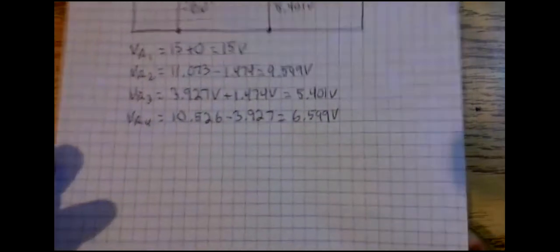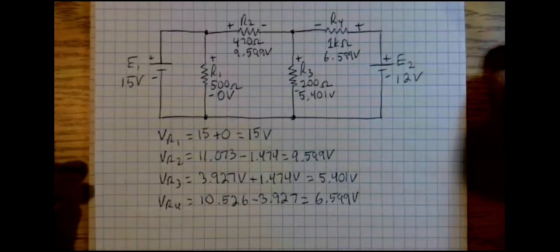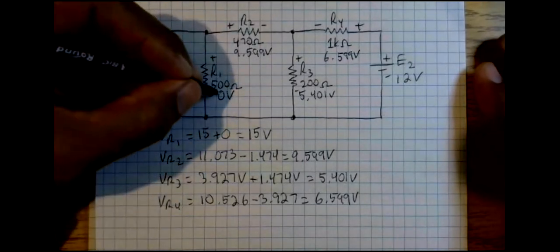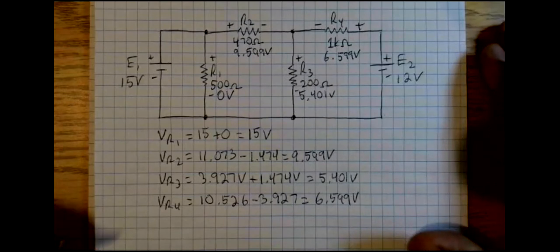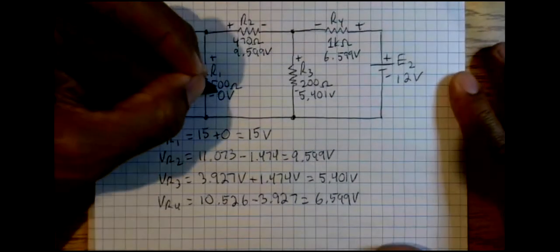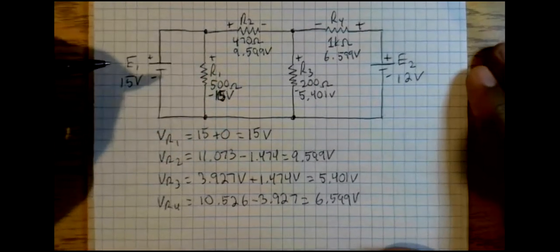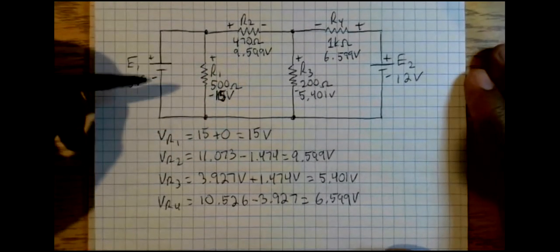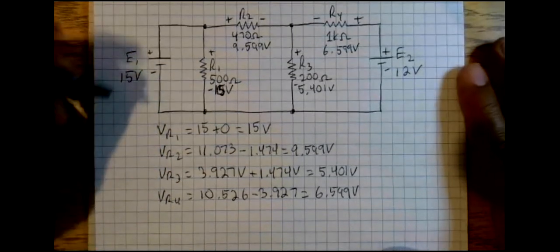Now, if we review what we were talking about in class the other day, this should be 15 volts. Fix that. What we have is Kirchhoff's law works in this loop.